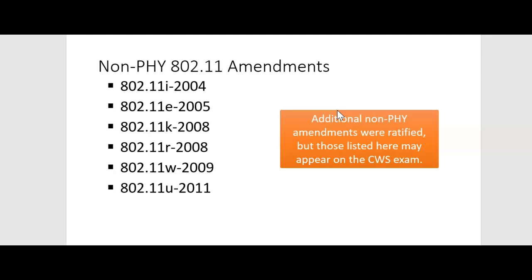So it allows me to better understand how automated power management decisions could be made. The 802.11r-2008 introduced protocols to secure roaming from one AP to another. So most of the APs today support that protocol.